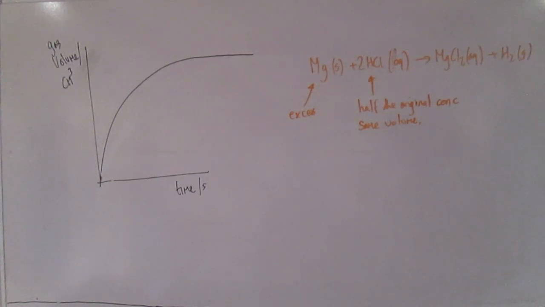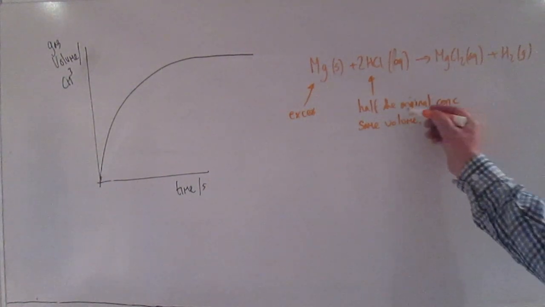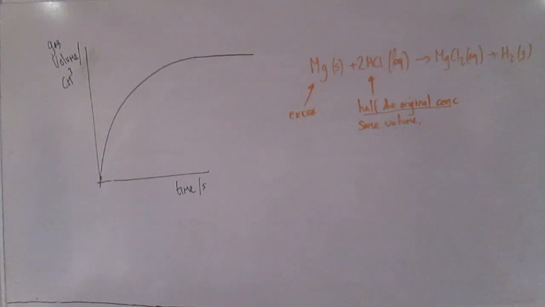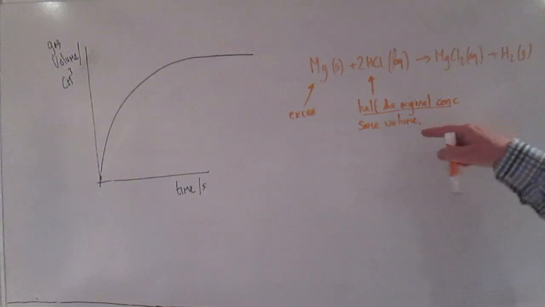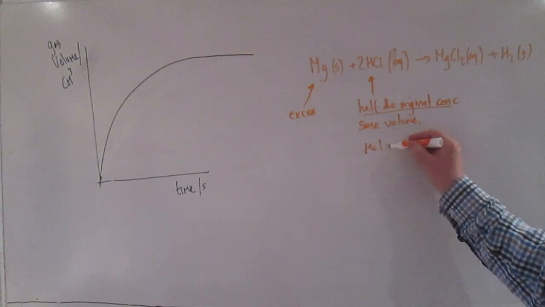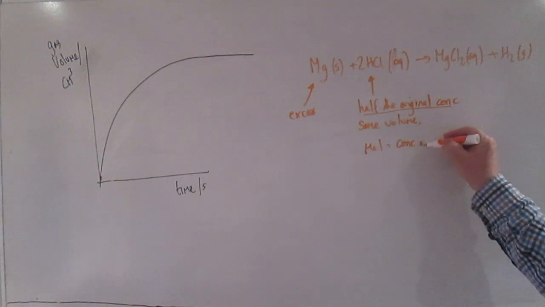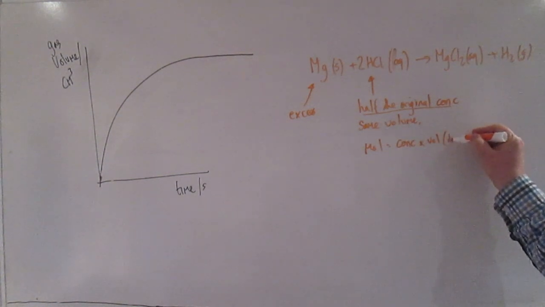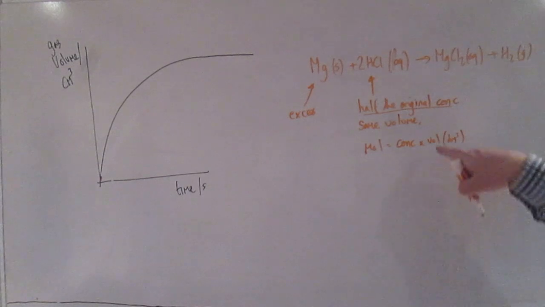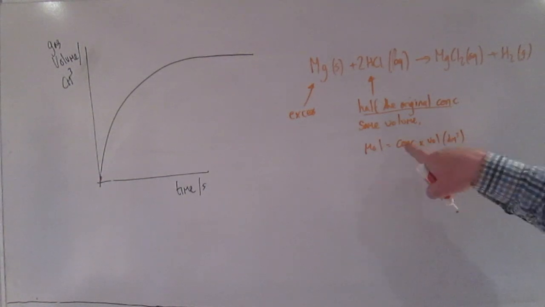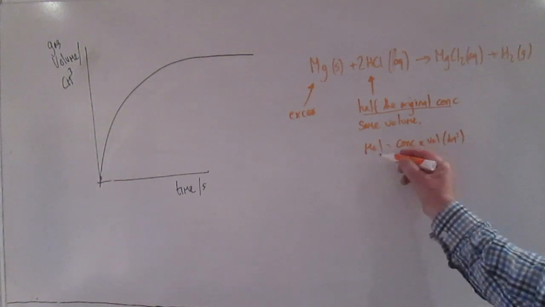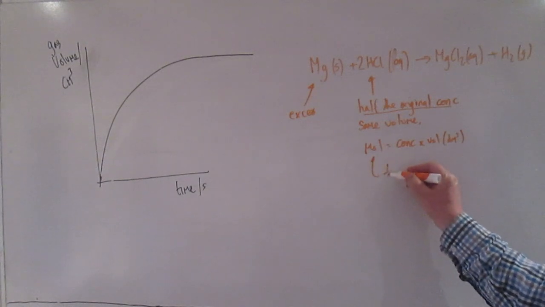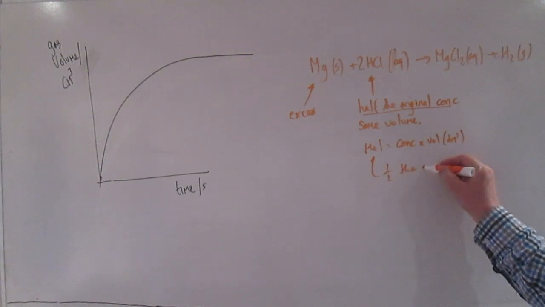Now there are two things here that are important. The first is that we've reduced the concentration, and the concentration is going to affect the rate. But the second is that, remember, moles is concentration times volume in dm cubed. So if we've got the same volume but only half the concentration, we'll only have half the original moles.